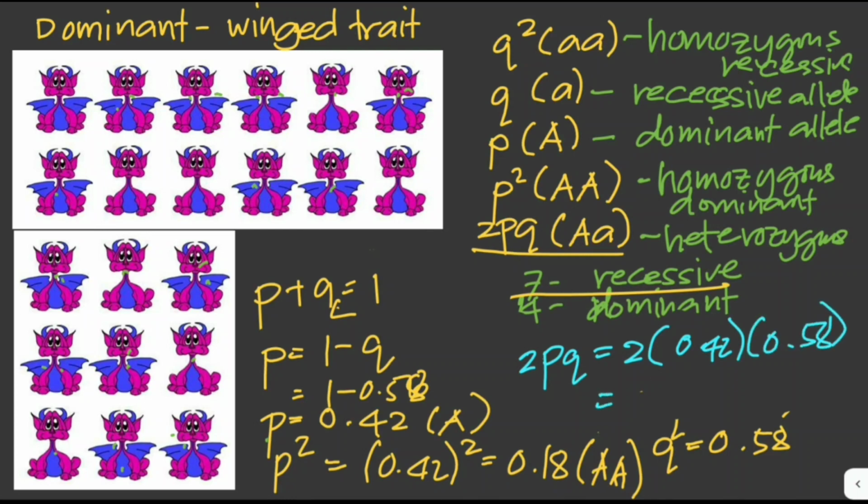Therefore, 2pq is 0.4872, or we can round this off to approximately 0.48. Alright, and that's how to find the frequencies of individuals using the Hardy-Weinberg equilibrium equations, which are p plus q equals 1 and p squared plus 2pq plus q squared equals 1.